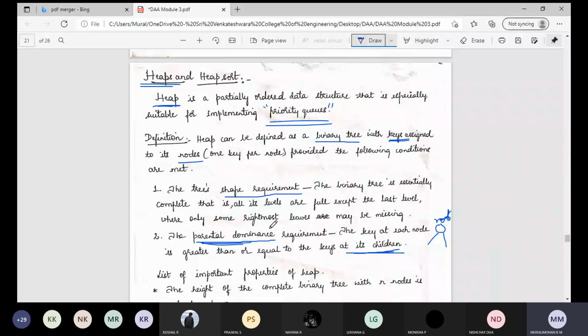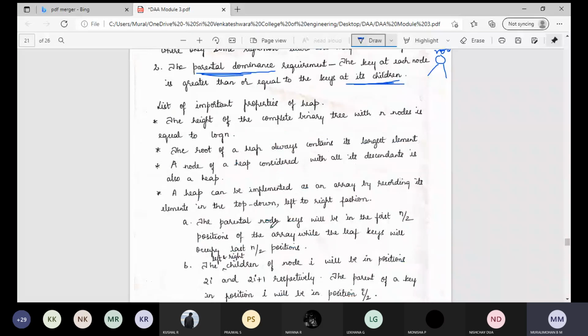Next, some important properties of a heap. The height of a complete binary tree with n nodes is equal to log n. The root of a heap always contains its largest element, so the root node is greater than its children.